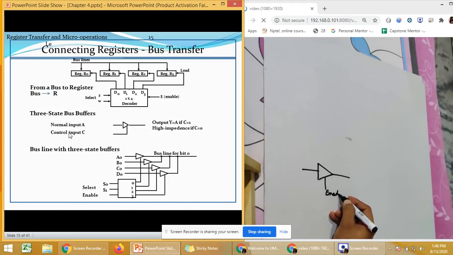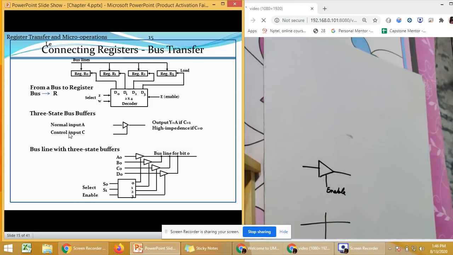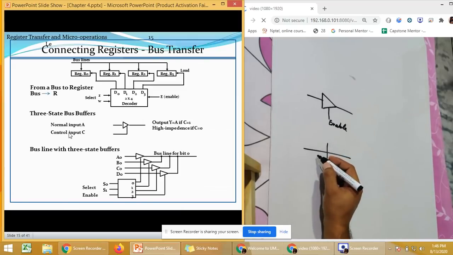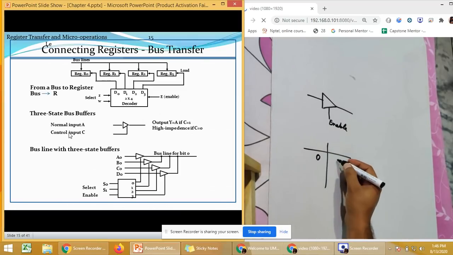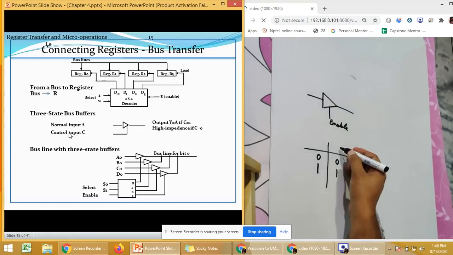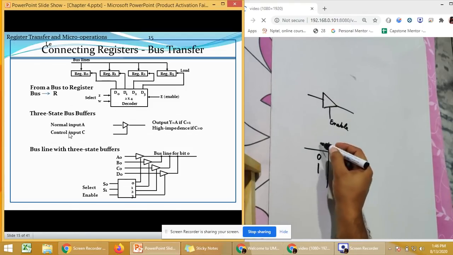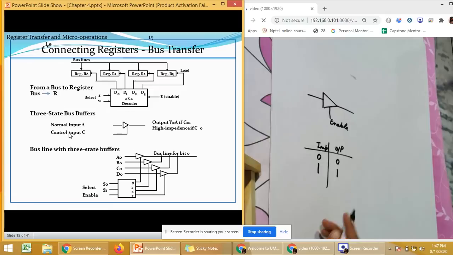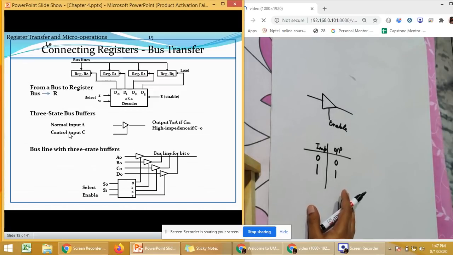This enable line helps the three-state buffer operate differently from the normal buffer. As you are aware, a simple buffer operates such that if input is 0, output is 0. If input is 1, output is 1. This is the simple operation of a buffer. This is the input, and here we have the output.